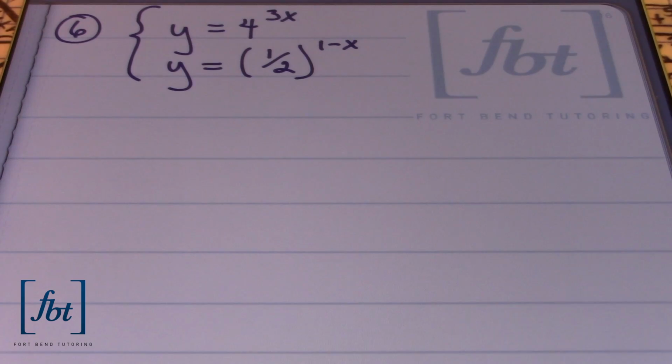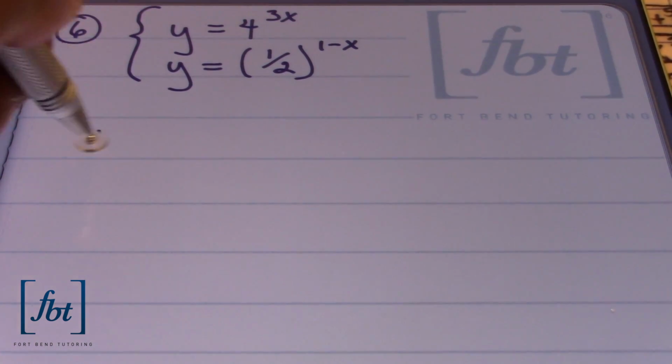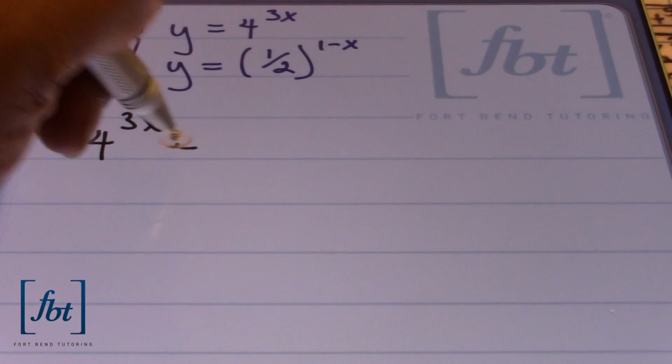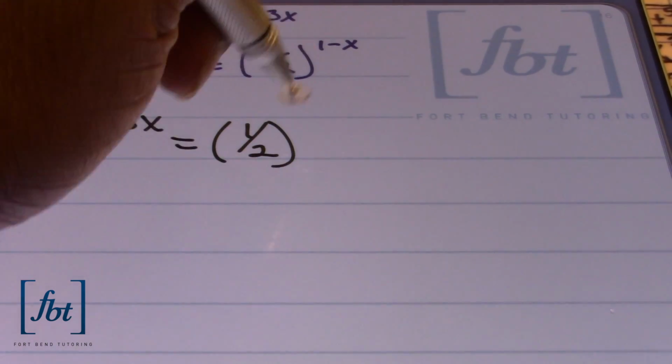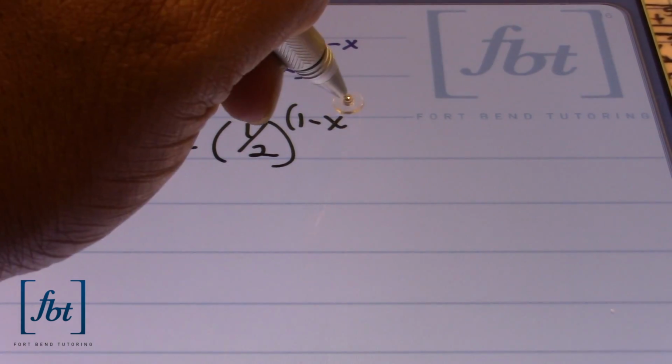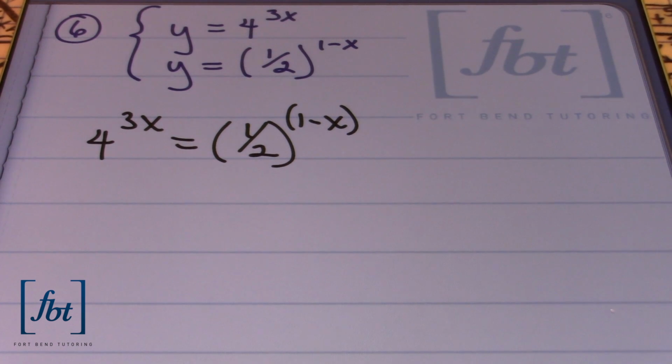Problem number 6. In problem number 6, we have y equals 4 to the 3x. We also have y equals 1/2 raised to the 1 minus x. We will be setting these equations equal to each other. This is going to be 4 to the 3x equals the quantity 1/2 raised to the 1 minus x. You can put that in parentheses if you had to.